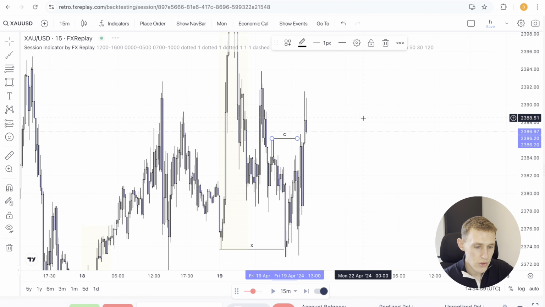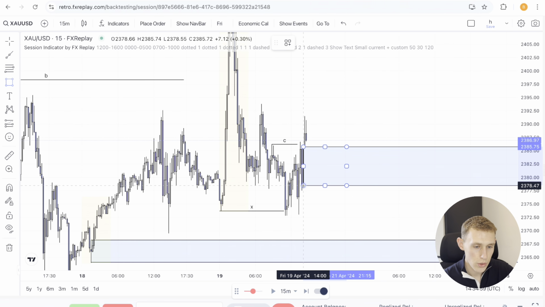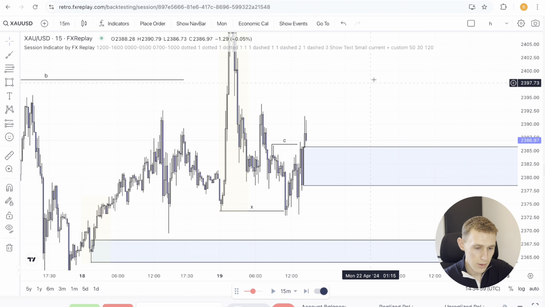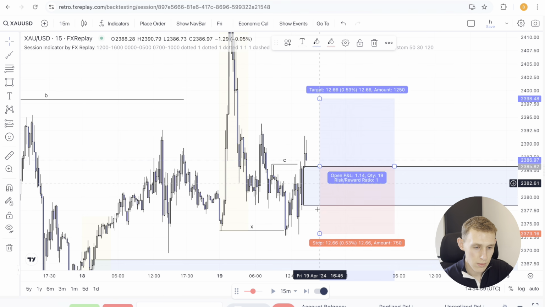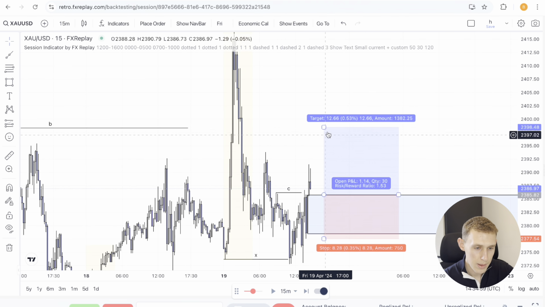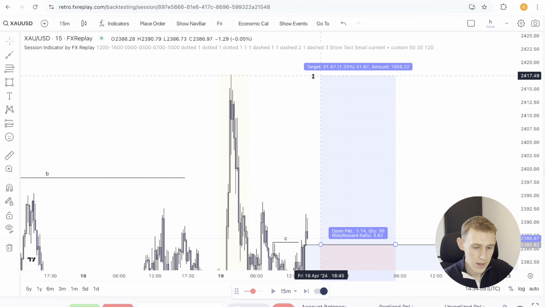In terms of entry areas, you have this whole region, but if I enter there, I can't get a good risk to reward on this trade. I don't really want to target all the way up here because price hasn't really shown any intent.